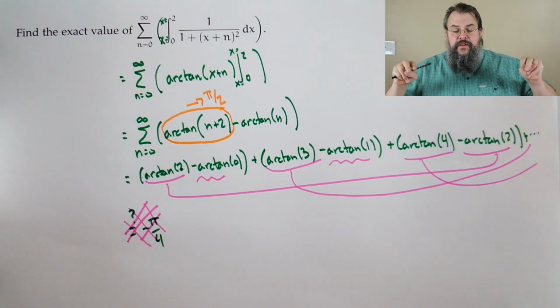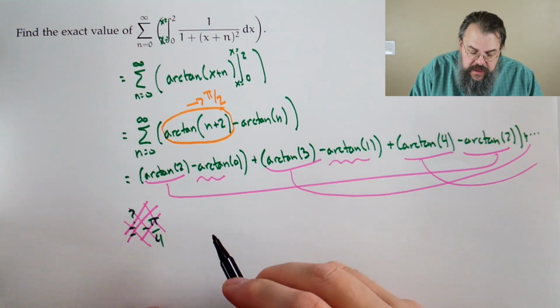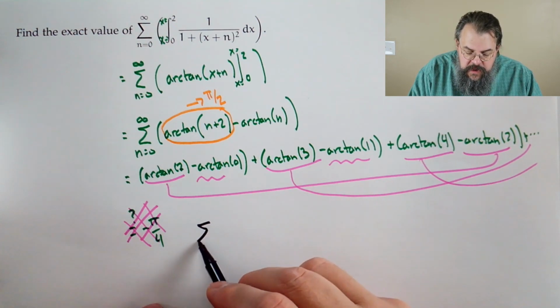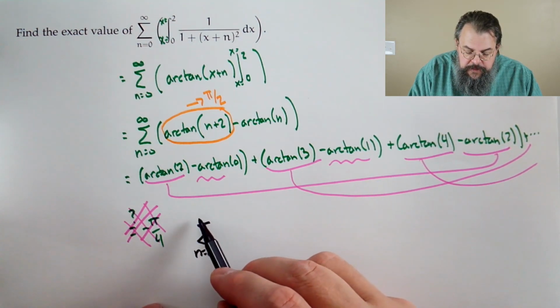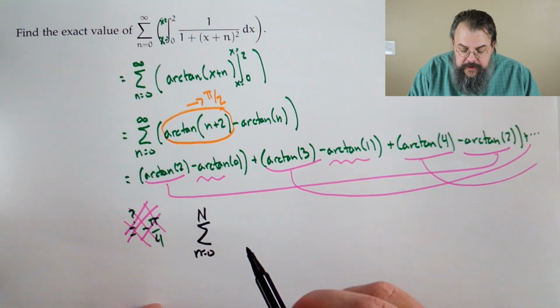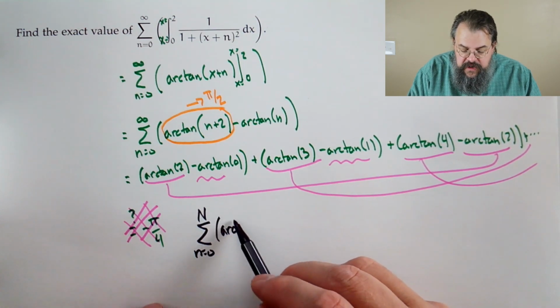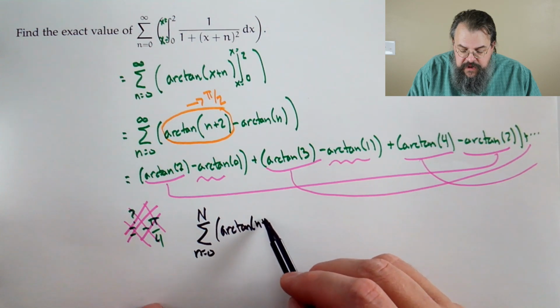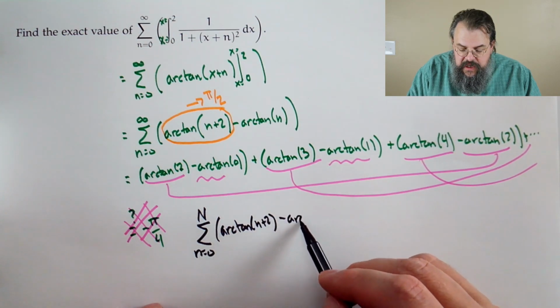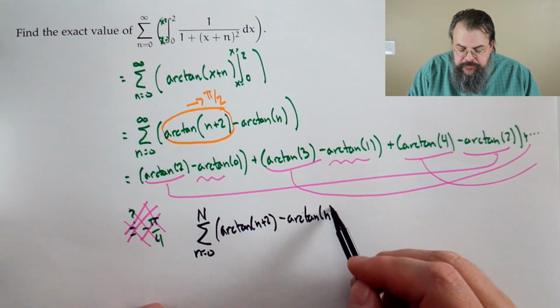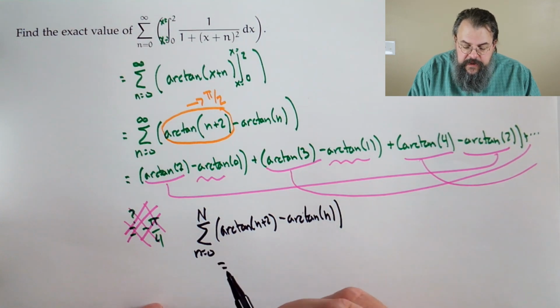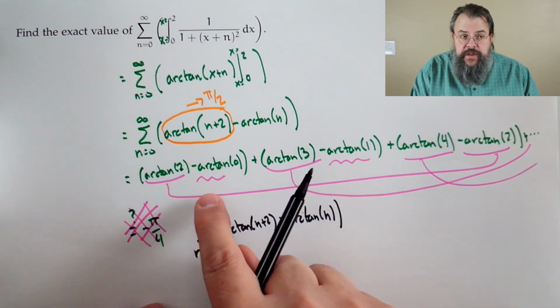from the end. So what we really can say is, hey, our sum from 0 up to some ending point n of this expression, arctangent of n plus 2 minus arctangent of n, will have the 2 terms at the start that we already mentioned.